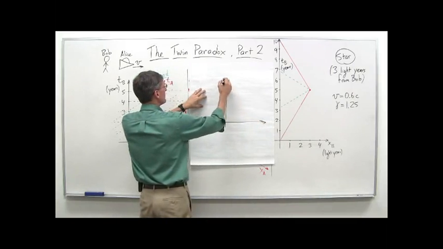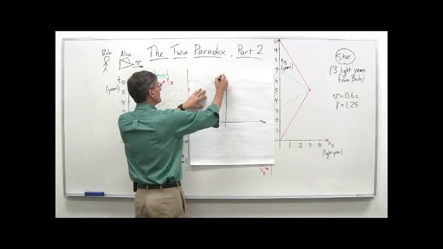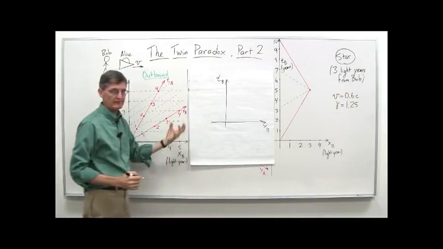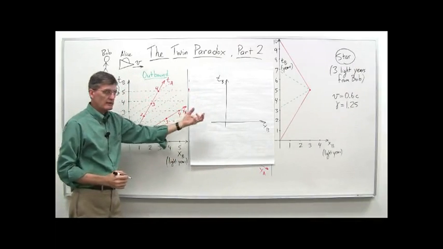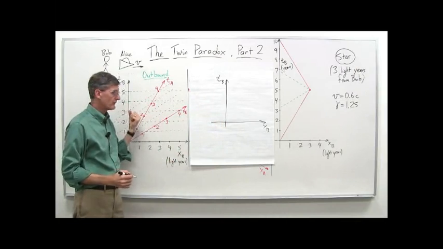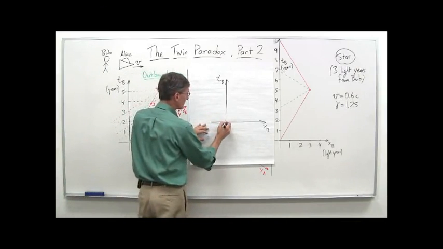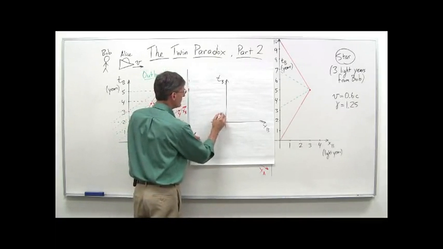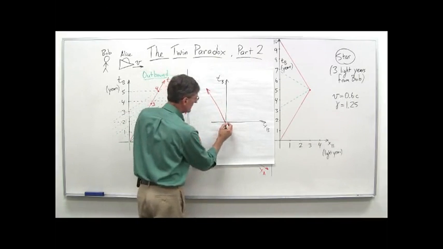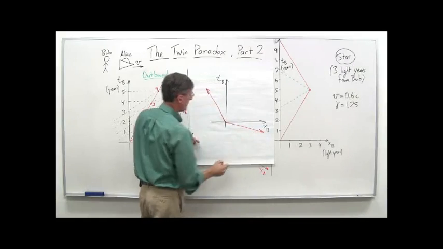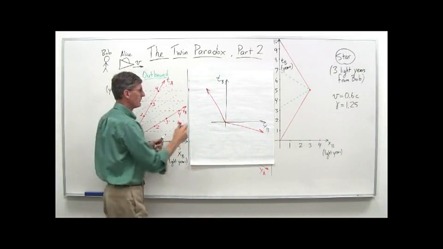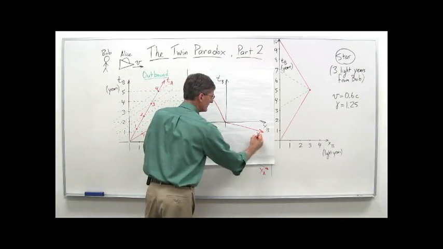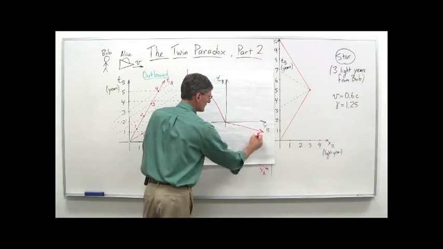So we still have something like this where we have, in this case, T sub B. So this is Bob being stationary in his frame of reference. Then if we've got the other frame of reference moving to the left, we get something like this for the other axes, roughly speaking. Where this is T_A and this is X_A.